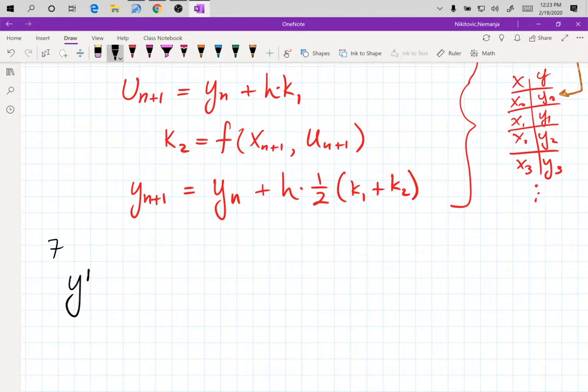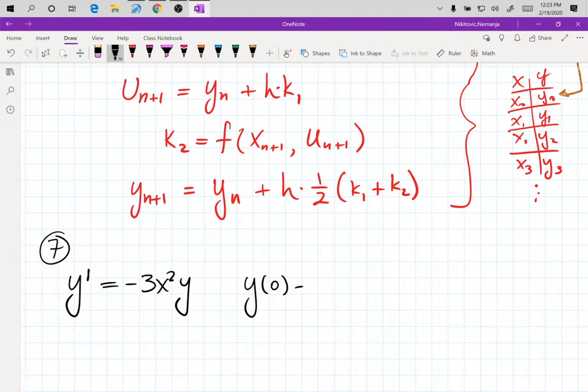All right, problem number 7 is y prime equal negative 3x squared y. Y of 0 is equal to 3. They still have the interval 0 to a half and a step size h of 0.1.